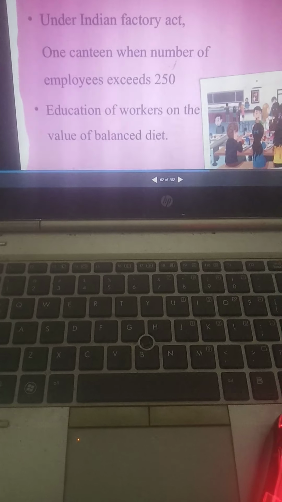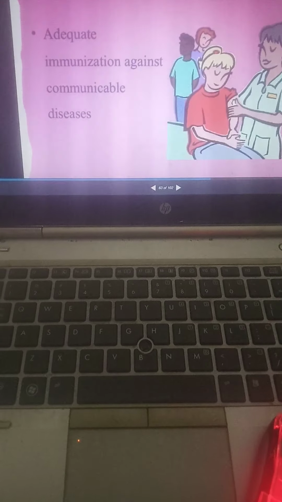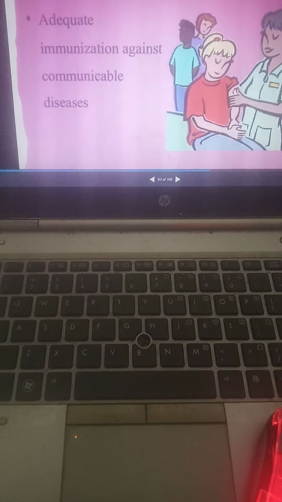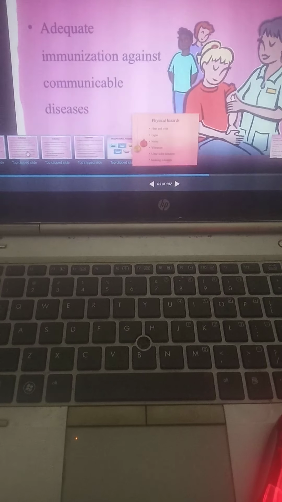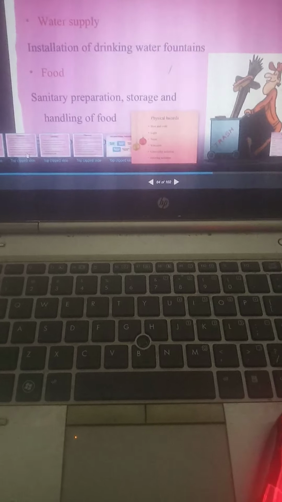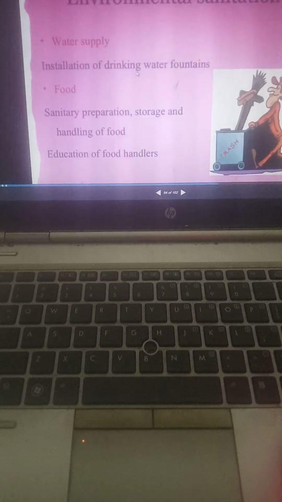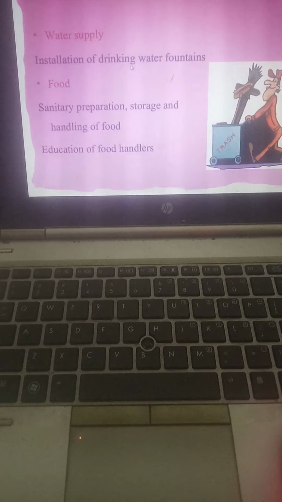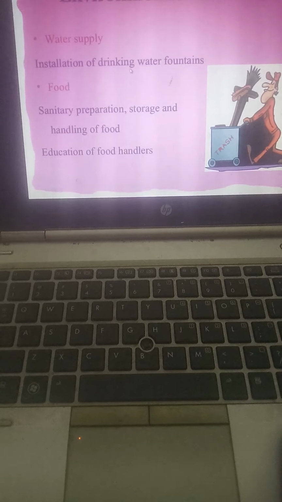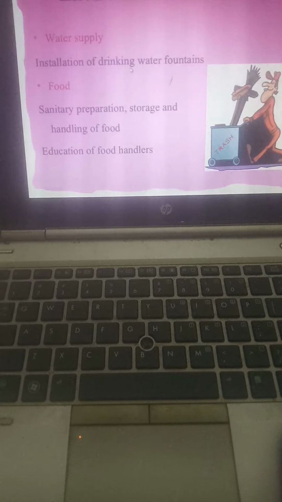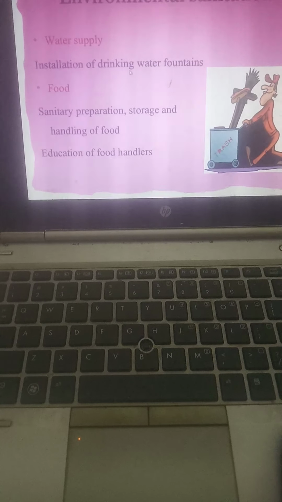Now, nutrition, and adequate immunization against communicable diseases. For environmental sanitation, water supply, installation of drinking water fountains, drinking water coolers. For food, sanitary preparation kitchens should be available.